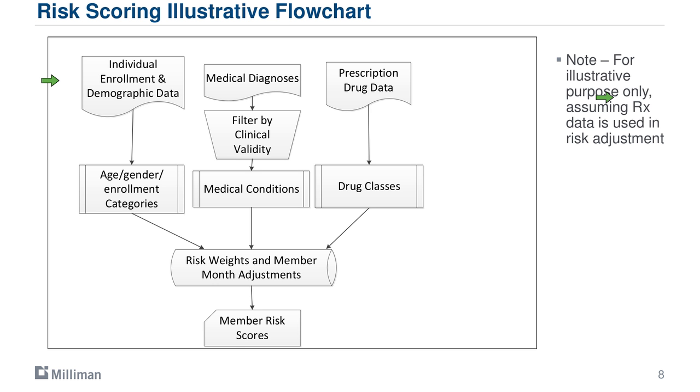In some systems, such as HHS-HCC, starting in 2018, prescription drug data would be part of the model. And in some other systems, such as the open source Medicaid plus RX system, that's also used as an input.